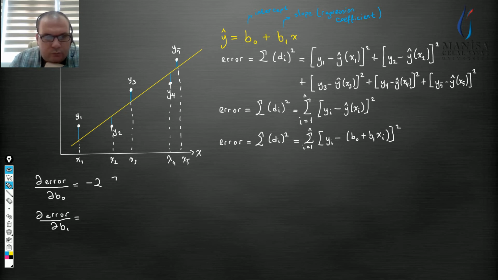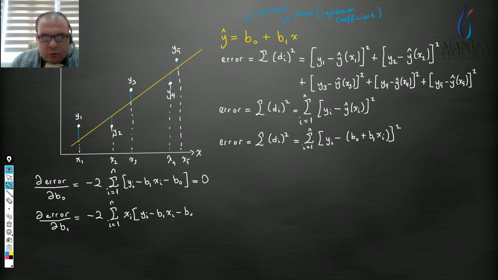Minus 2 and a sum starting from i equals 1 to lowercase n, yi minus b1 xi minus b0 equals 0, and also minus 2 times the sum from i equals 1 to n, and this time xi times (yi minus b1 xi minus b0), right?